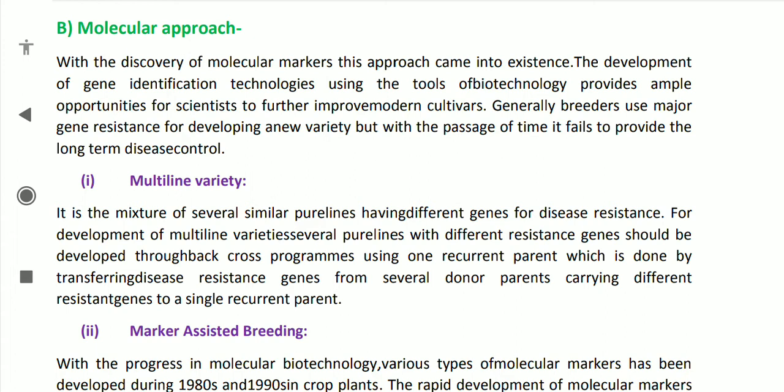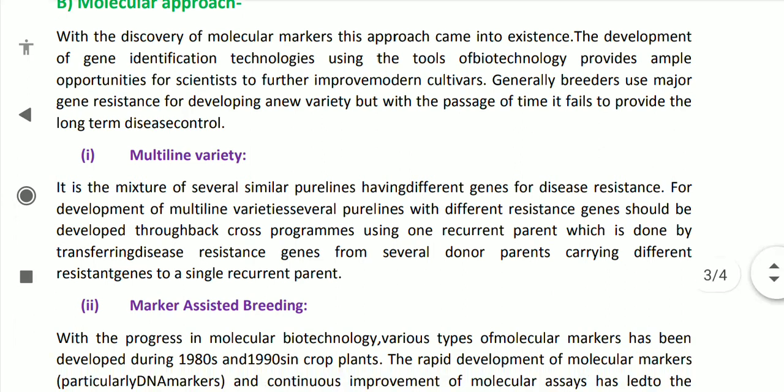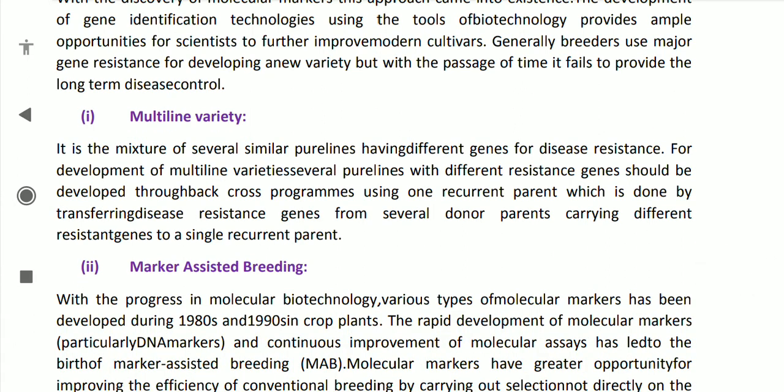For development of multiline varieties, several pure lines with different resistance genes should be developed through backcross programs using one recurrent parent, which is done by transferring disease resistance genes from several donor parents carrying different resistance genes to a single recurrent parent. Thus, we can produce a multiline variety.